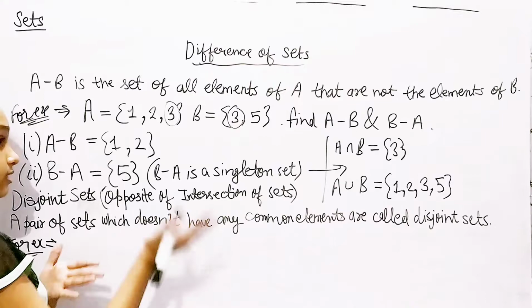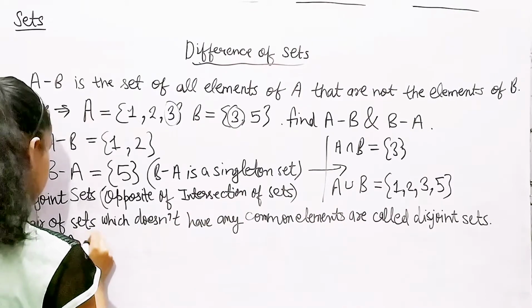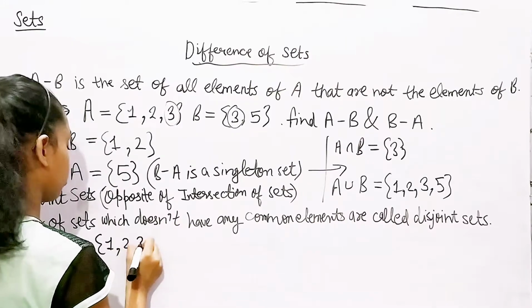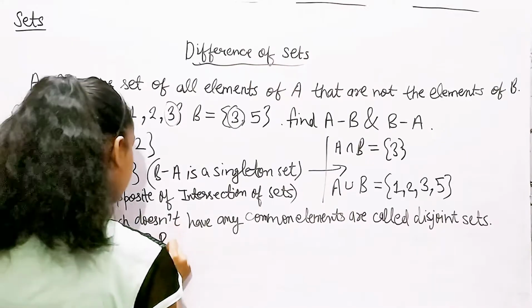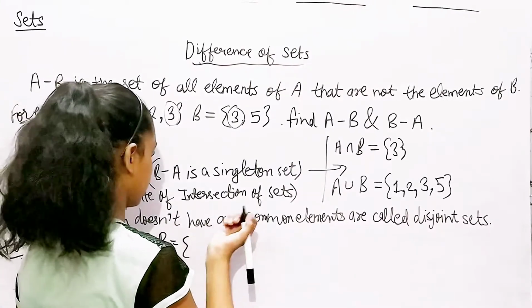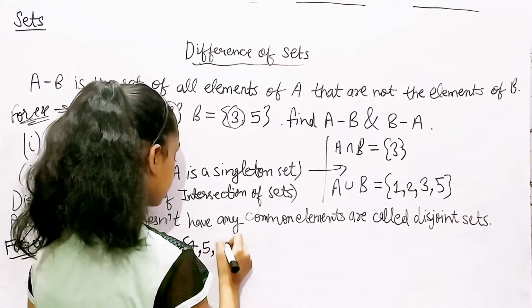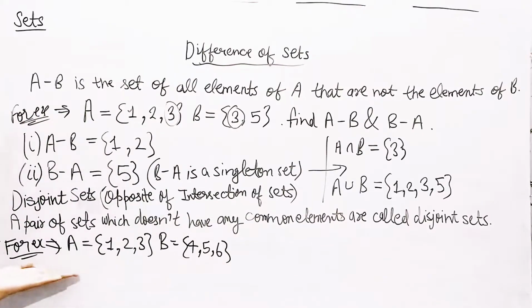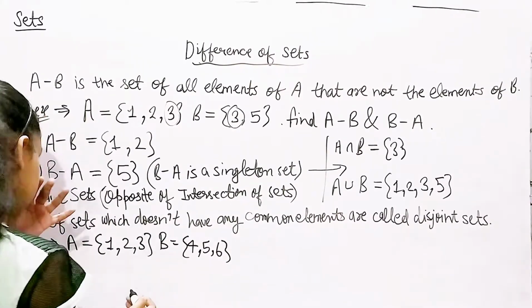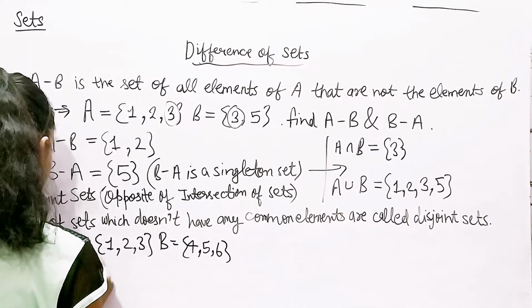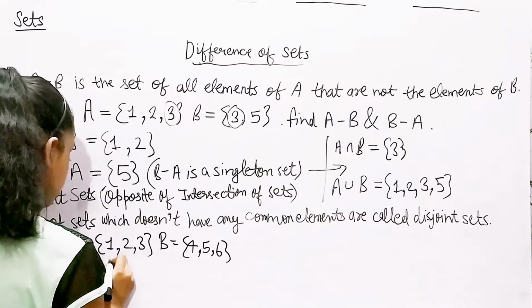Let's take the same example that I just said: set A is equal to the elements 1, 2, 3, and set B is equal to the elements 4, 5, and 6. There isn't anything common, which means that this is an example. So I can say that set A and B are disjoint sets.